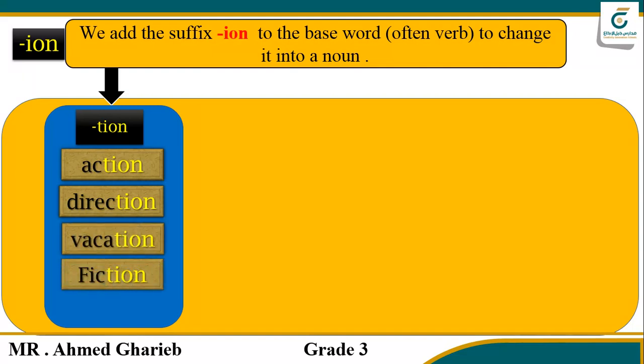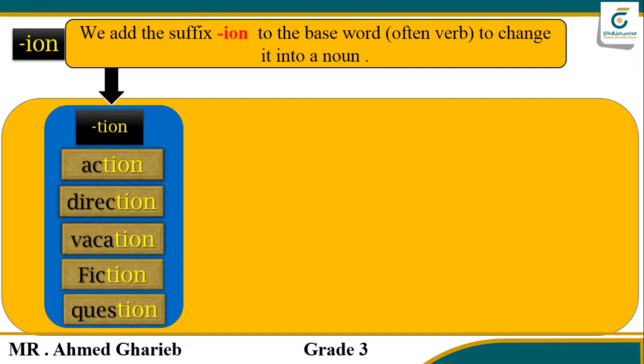What about fiction? It's not from a verb, but what is important is that this word ends in tion and it makes the sound shin, fiction. Also, question, no verb from it. It's the same: a noun with no verb, and it makes the sound shin at the end, tion.